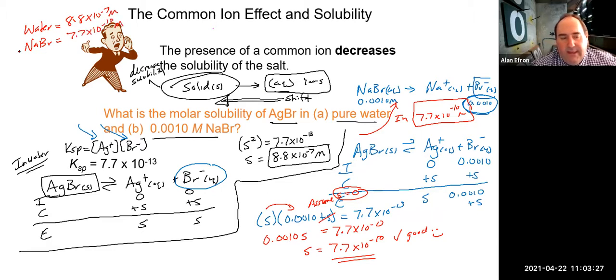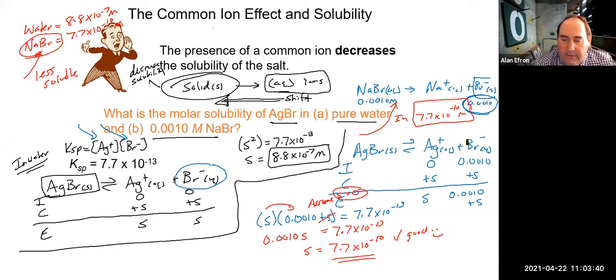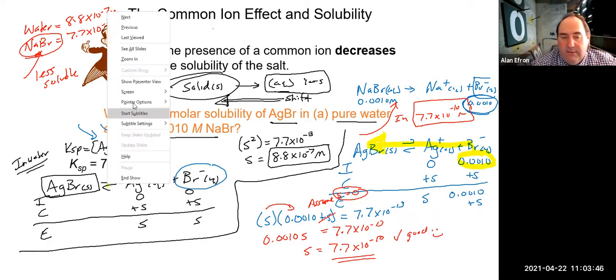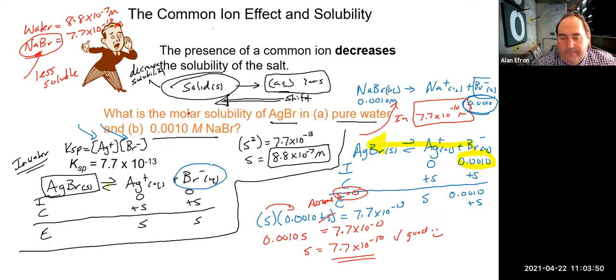We see that in sodium bromide, it is less soluble. It is less soluble because of the presence of that common ion to begin with, causing this equilibrium to be pushed back this way towards the reactant side and the solid. Question on any part of that there?